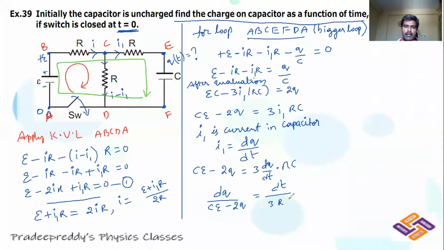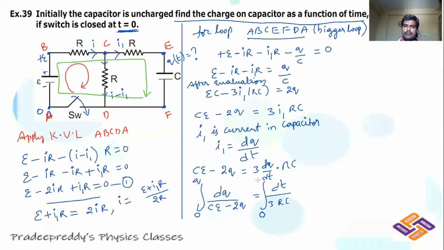Okay. Now integrate this expression. Integration limits are from 0 to q, because initially charge on the capacitor is 0, final charge on the capacitor is q. Initial time it is 0, final time let us consider it as t.